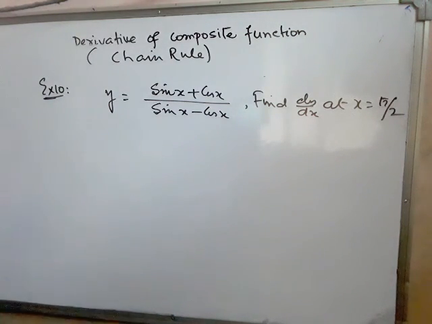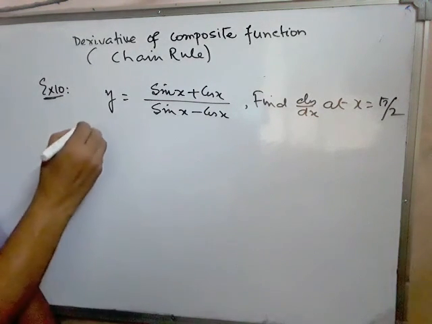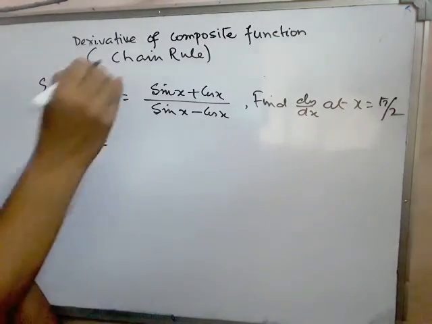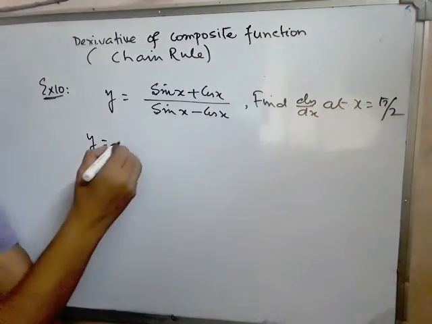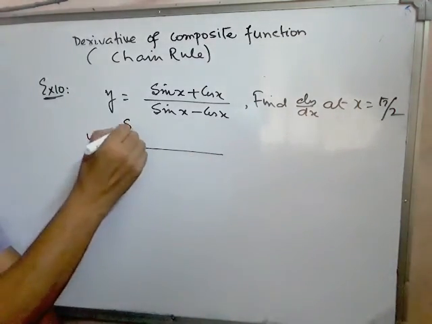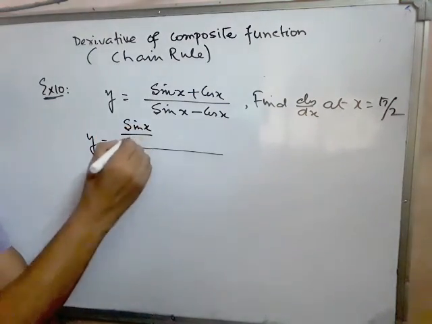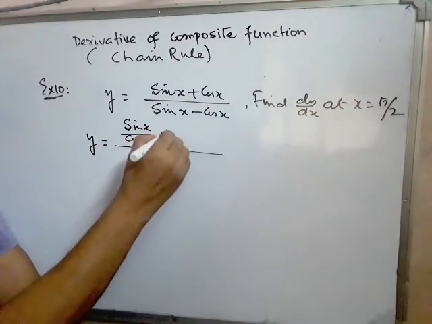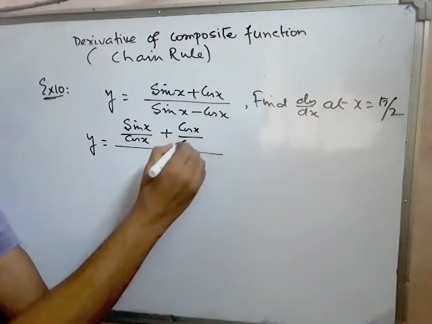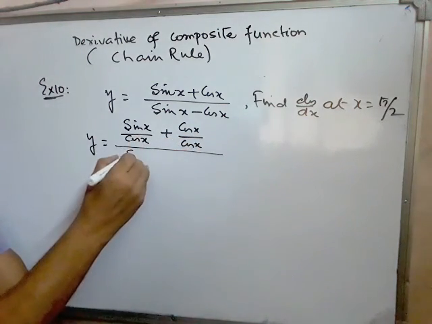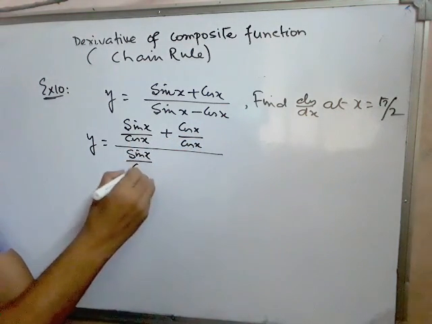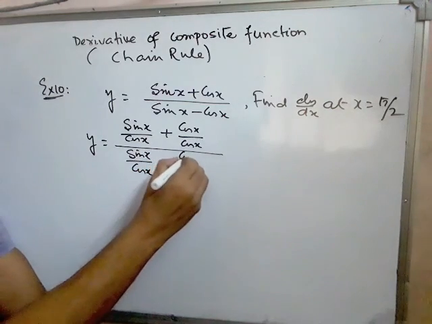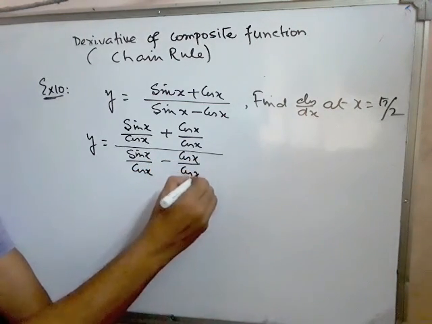This type of sum we have done in the first class, but here we have to do some other method. So y equal to, dividing both numerator and denominator by cos x, what we get: sin x by cos x plus cos x by cos x over sin x by cos x minus cos x by cos x.